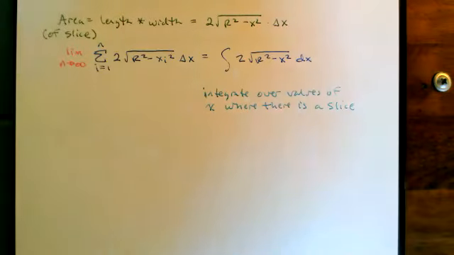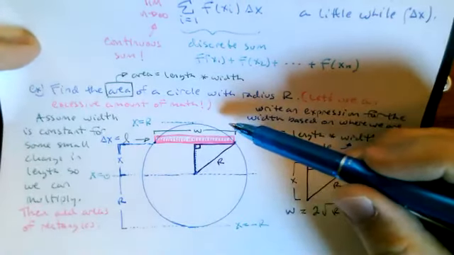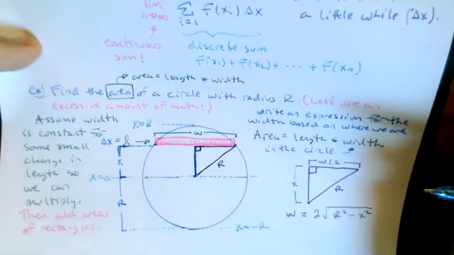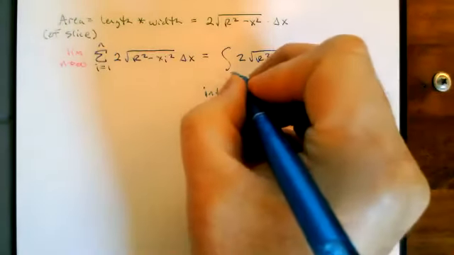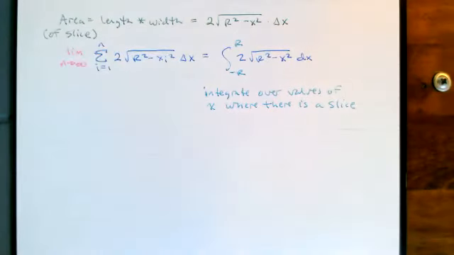So looking at our diagram, the values of x that tell us where the circle is are from negative r to r. So those are all the values of x for which that'll represent a slice. So we'll integrate from negative r to r. So here's a definite integral that should give us the area of the circle.